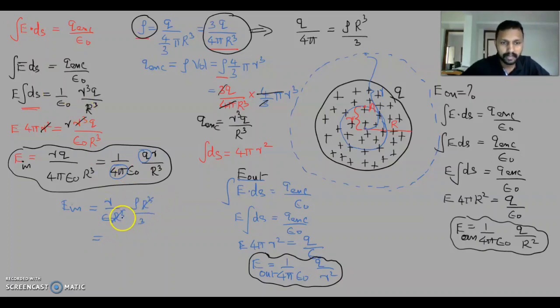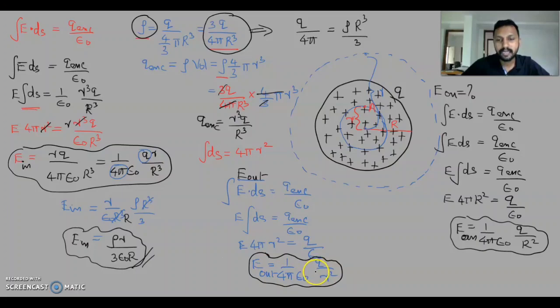They will get cancelled and there should be an r in this region. Therefore, electric field intensity inside can be written as rho r divided by 3 epsilon 0 capital R. This is one expression, another expression for electric field intensity inside.